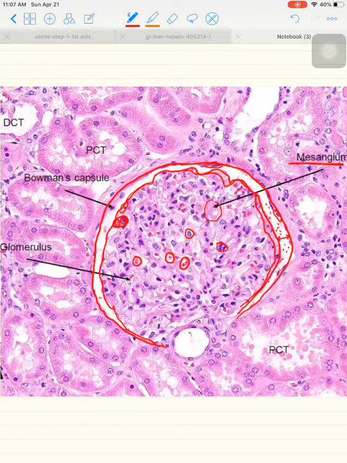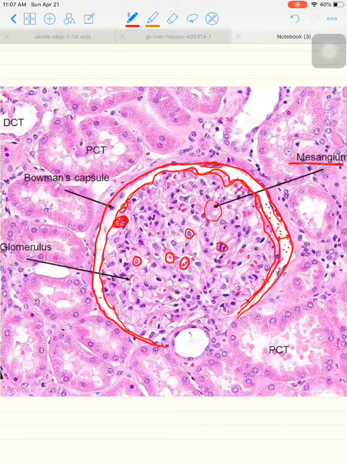This hydrostatic pressure in the Bowman's space is very essential for the glomerular filtration rate, because in certain conditions the space is filled with excessive fluid, or with scarring tissue, or fibrotic tissue.